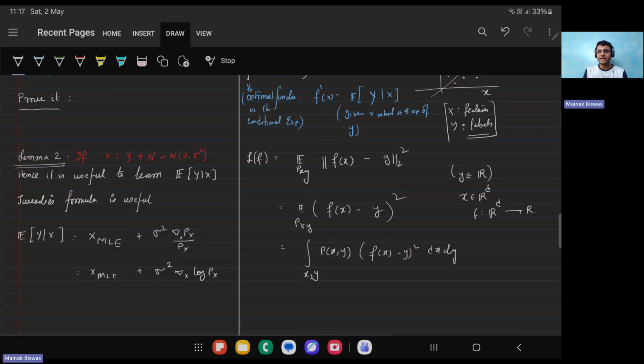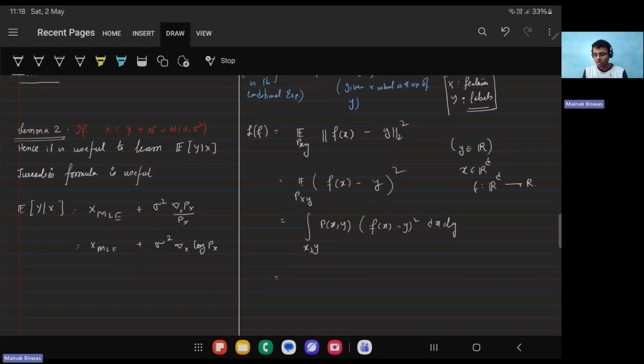So as soon as I do that, I will make a trick. I'll write a conditional probability, p of y given x. So this is what I want generally, and f of x minus y. Given x, what is the value of y you can expect is the interpretation. And you can write this with p of x dx, right?